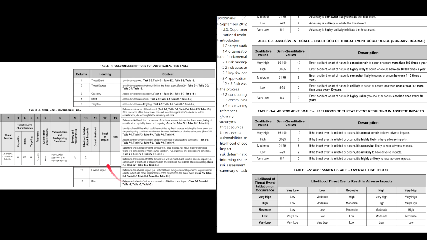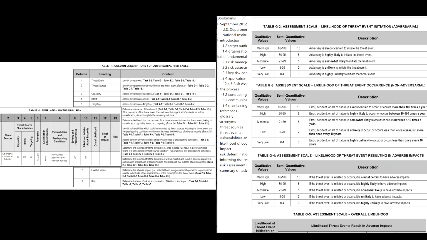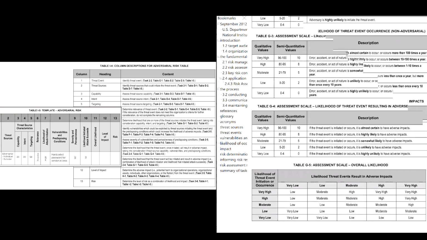All right, so now overall likelihood, that will be on table G5. That's a combination of likelihood of occurrence and the likelihood of resulting in adverse impact. So likelihood of occurrence was here. We said before, likelihood of initiation is high, so the adversary is highly likely to initiate the threat event.